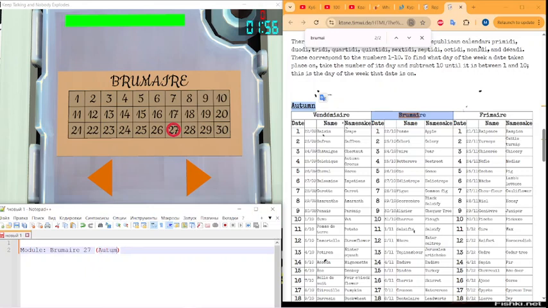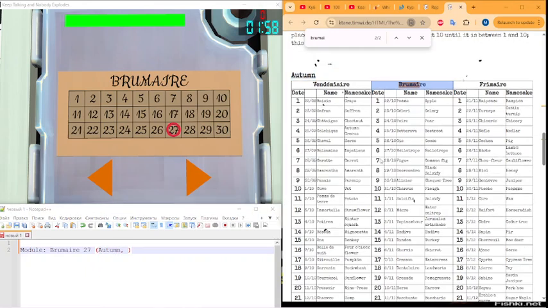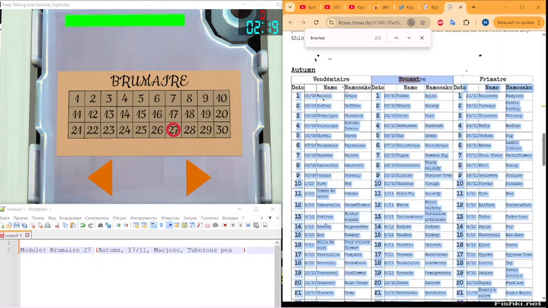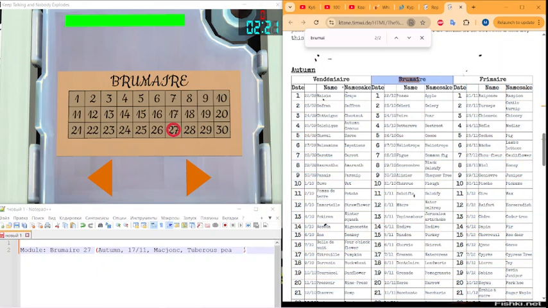Autumn, 1711. These two words, name and namesake, could be used later on.